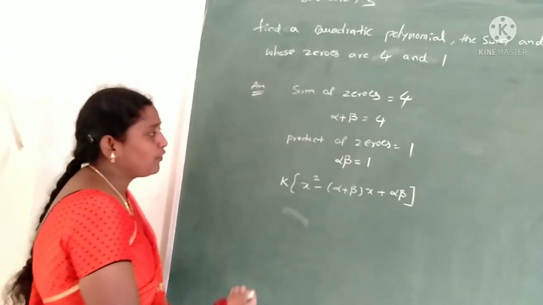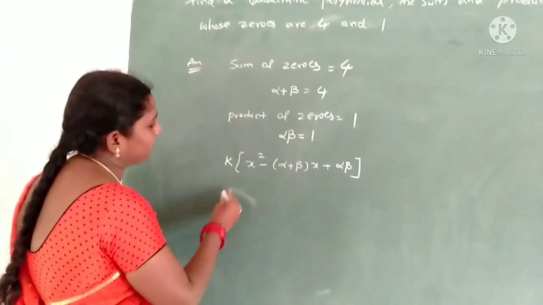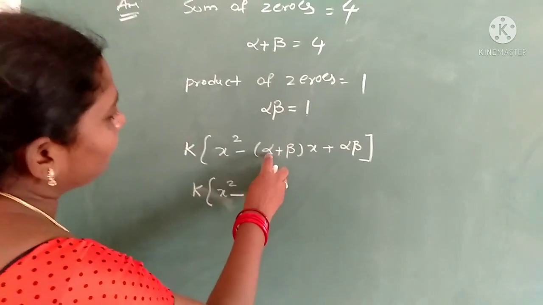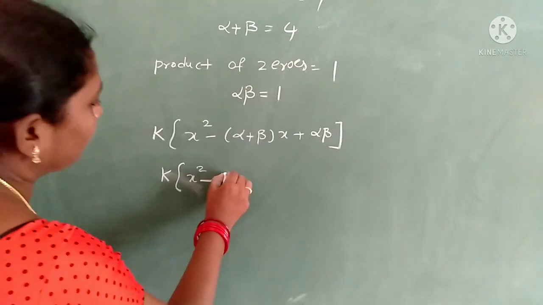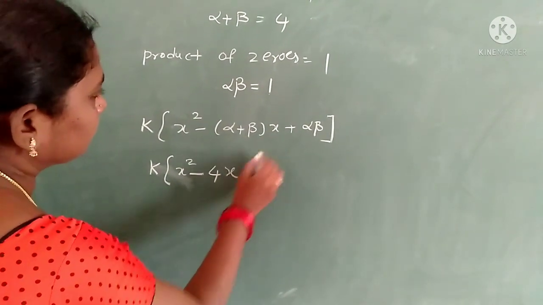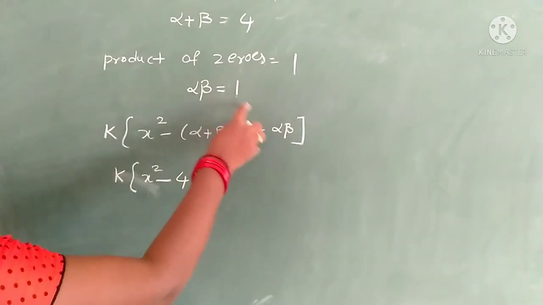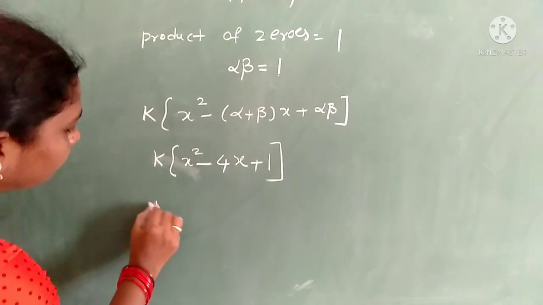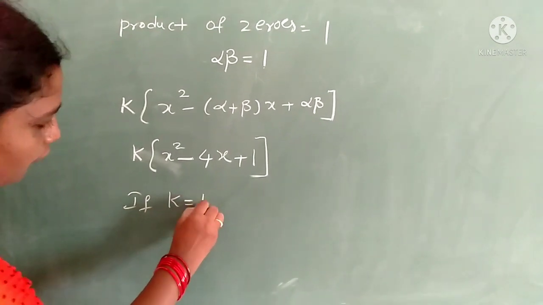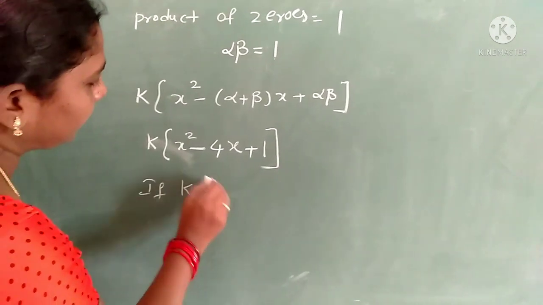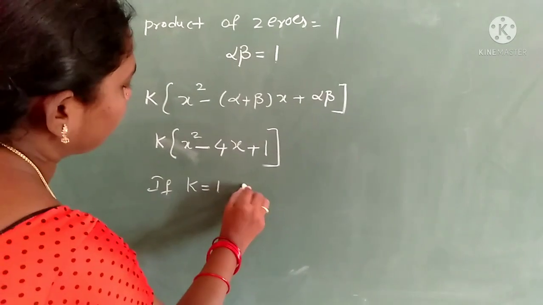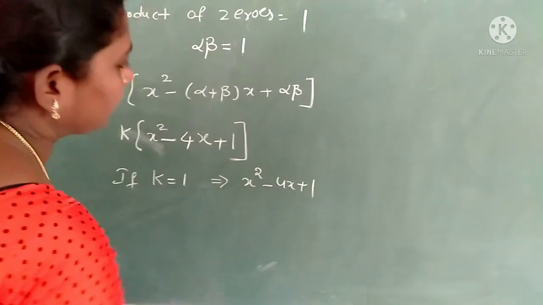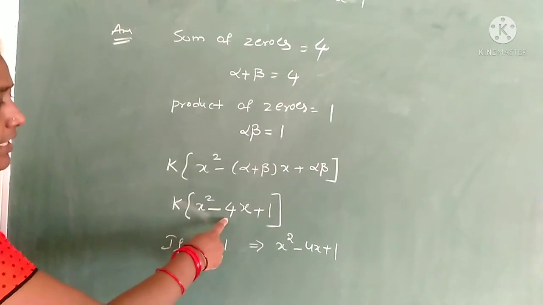So we substitute the values: k into x square minus 4x plus 1. If k equals 1, the required quadratic polynomial is x square minus 4x plus 1.